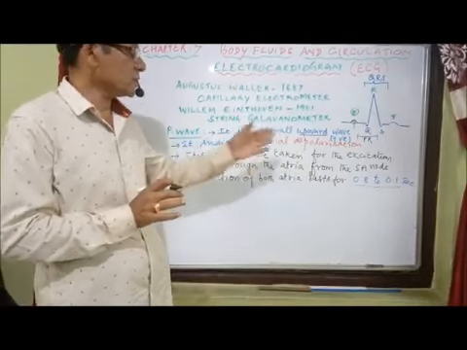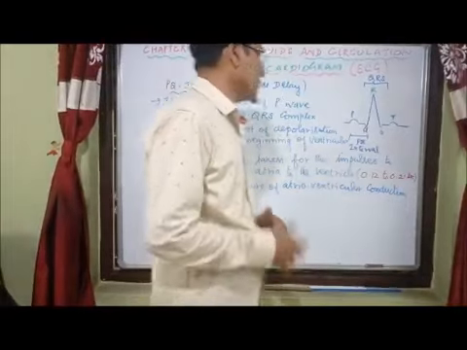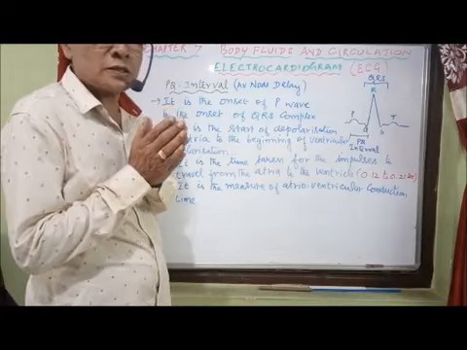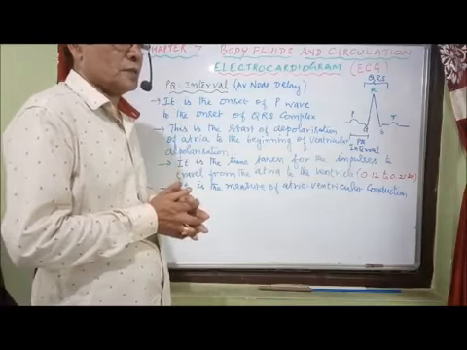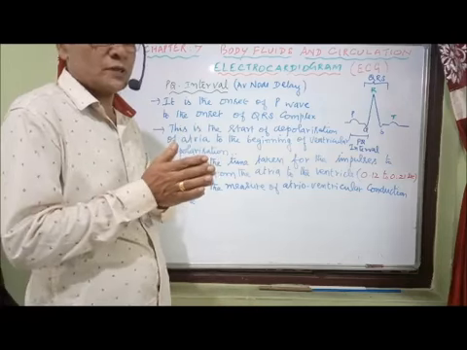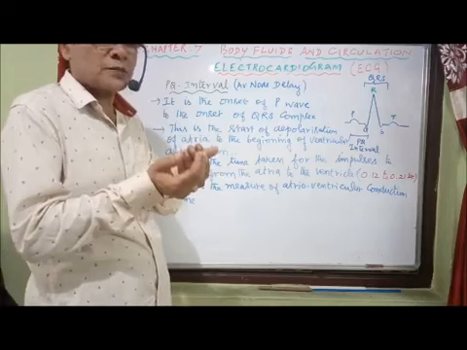We'll talk about the PR interval in the next video. Now the next one, the PQ interval. After the completion of atrial depolarization, there is a delay in the conduction of impulses in the AV node. The AV node holds the impulses for a short while.